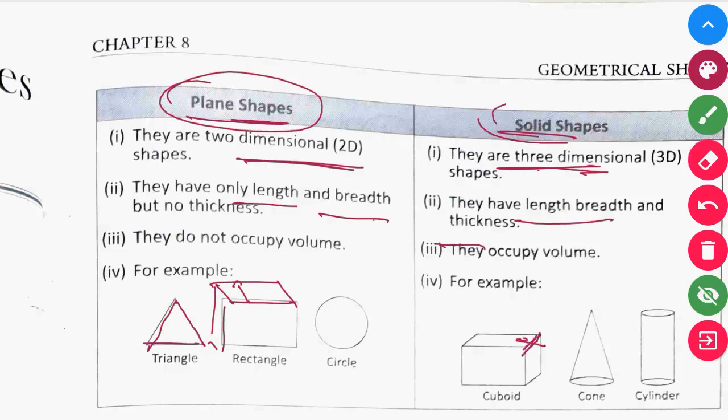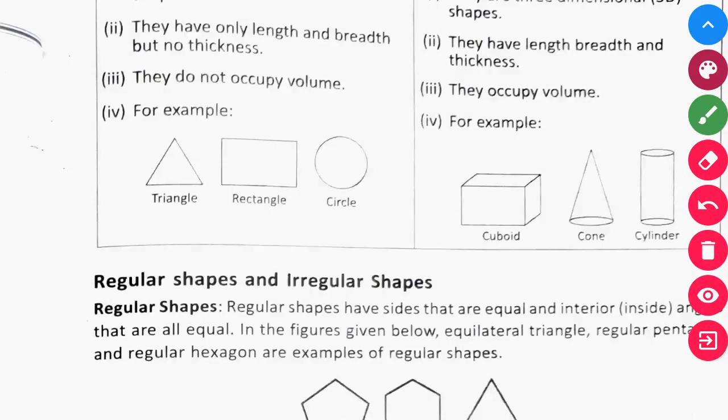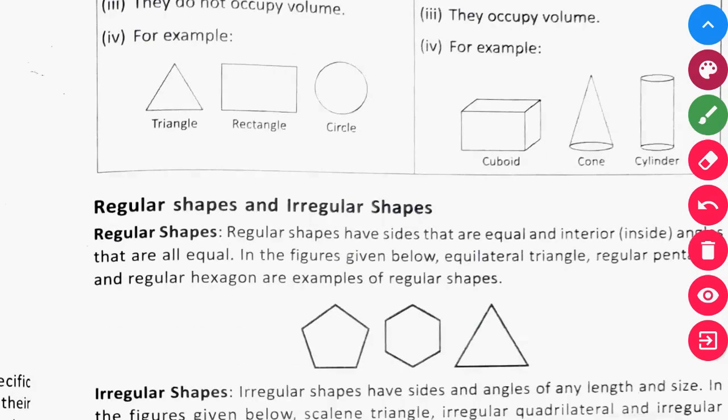See the cuboid. This is the thickness of the cuboid, and this is the length, and this is the breadth of the cuboid. And solid shapes always occupy volume. Plane shapes never occupy volume. So this is the basic difference between plane and solid shapes.